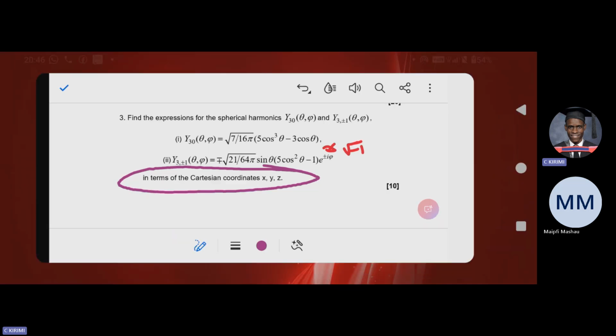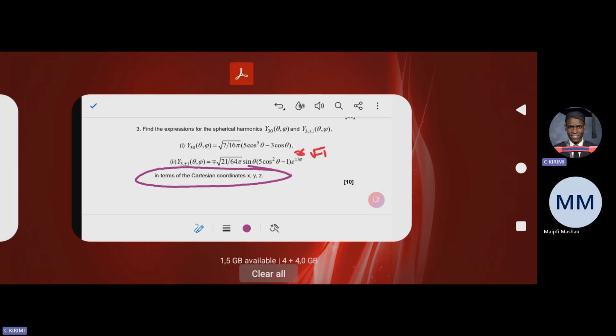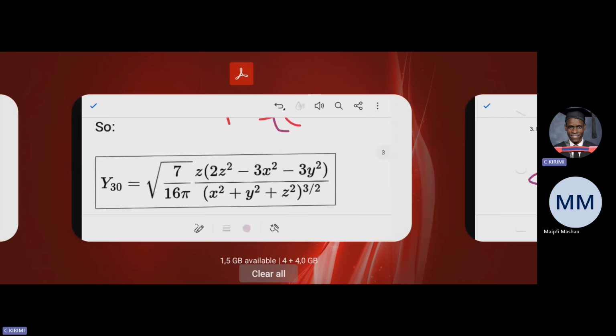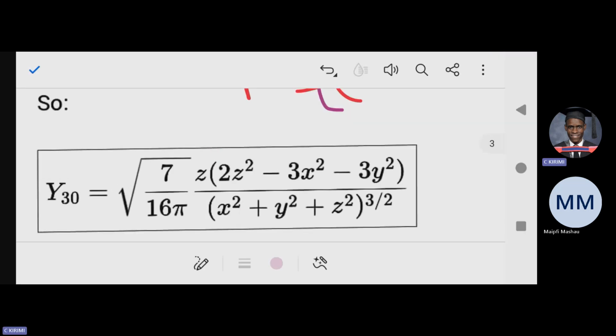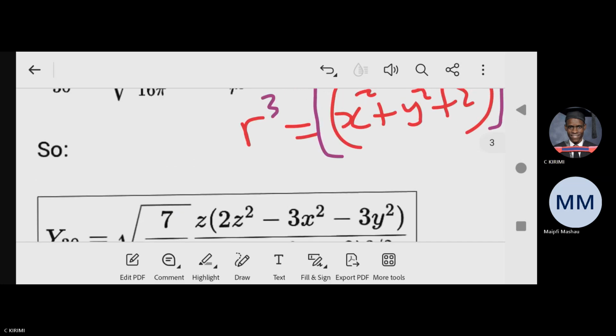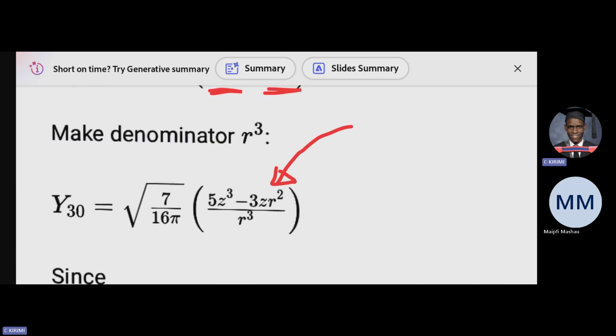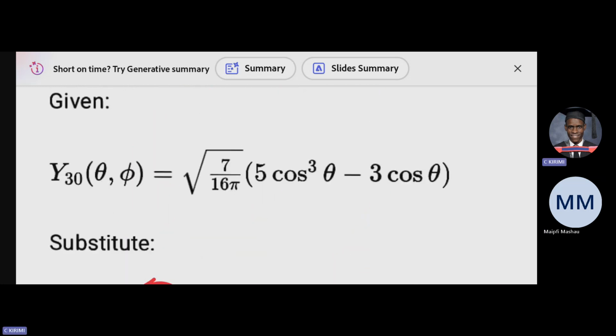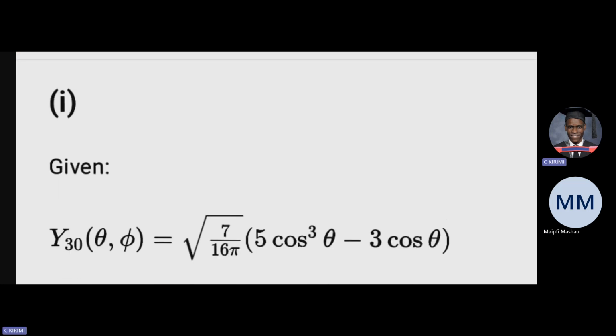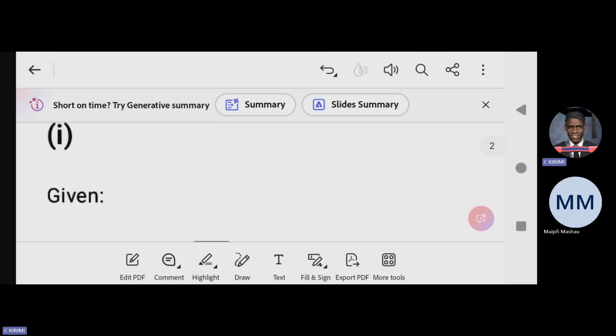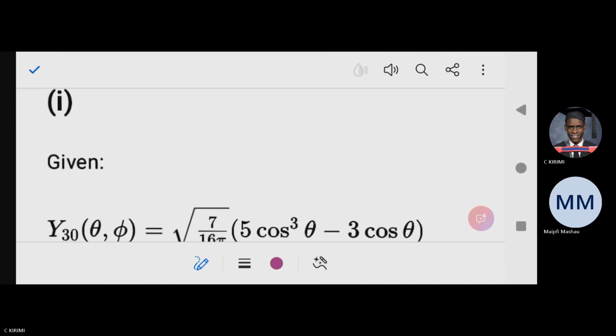The question is saying in terms of Cartesian coordinates. So you are given spherical coordinates, and you are supposed to reduce this in terms of Cartesian coordinates. Cartesian coordinates use x, y, and z. Any question for this one? You are given spherical coordinates, which is theta and phi. Whenever you are given theta and phi, these are spherical coordinates.